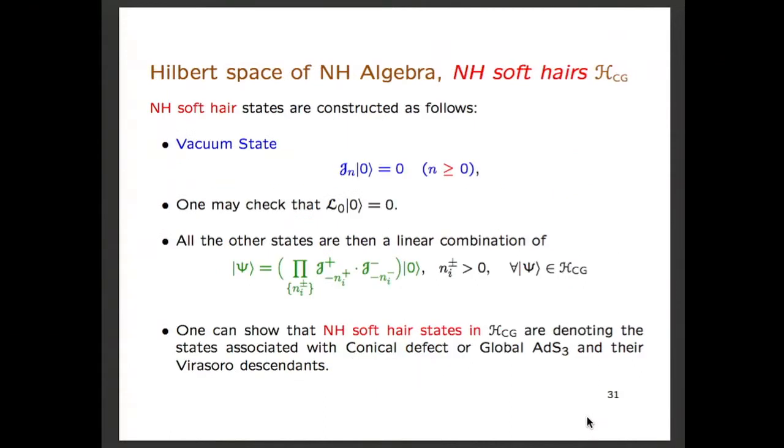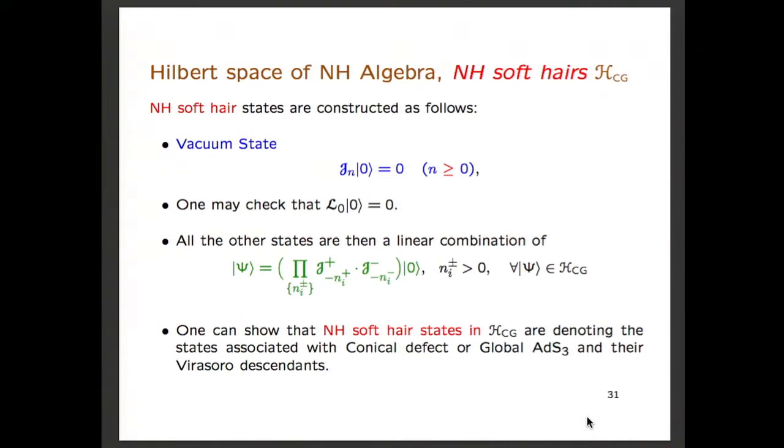But let me be a bit more specific. So I need to only focus on the soft hair sector of this J algebra, which was the algebra associated with the Rindler observer.